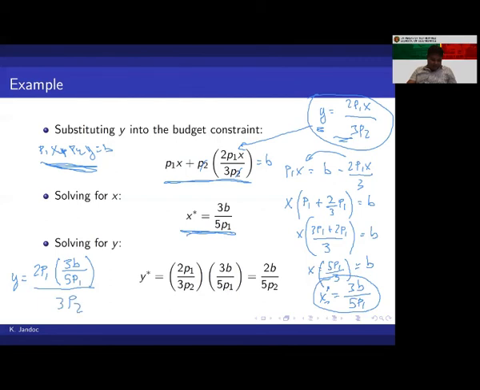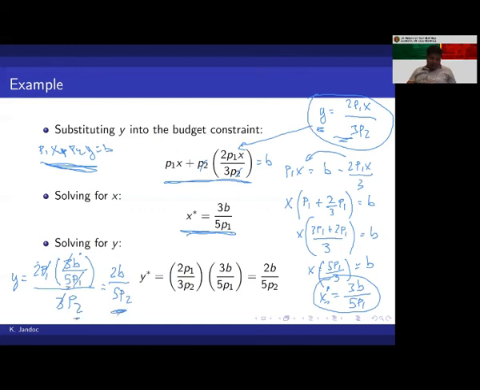Let's see if we can have things canceled. We have 3, this cancels. We have p1, this cancels. So in the end, we have 2b, the only thing that's left here, divided by 5p2. So we have 5 here, and p2 here in the denominator.